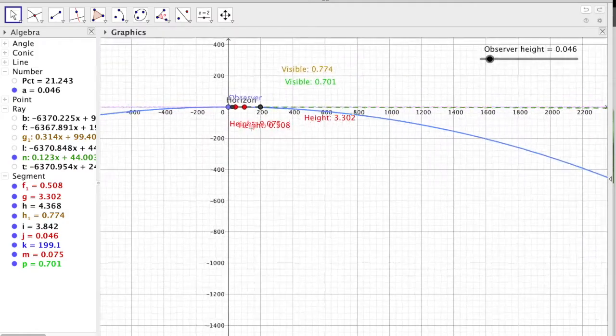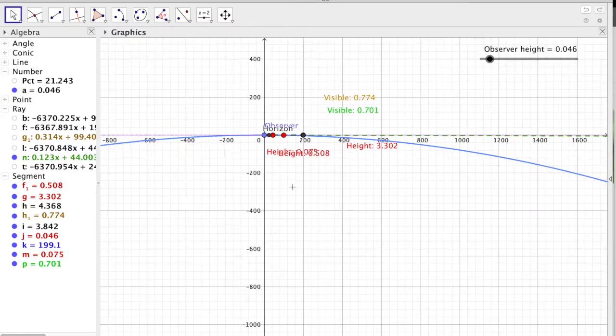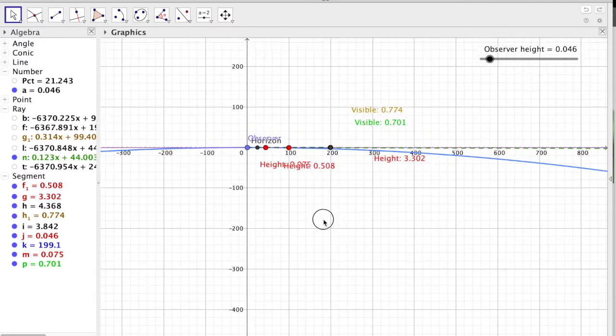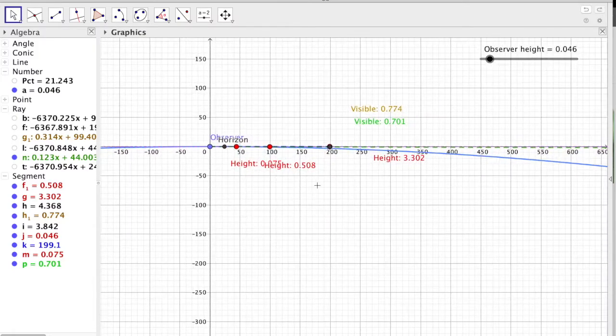And here we start seeing why we can say that the Earth is actually locally flat, which means it seems flat. Even at 200 kilometers, if you look at this in scale, it's not much of a drop. So the Earth is a big planet.